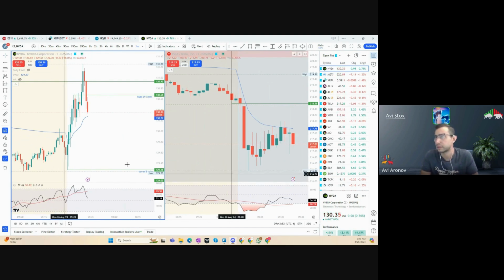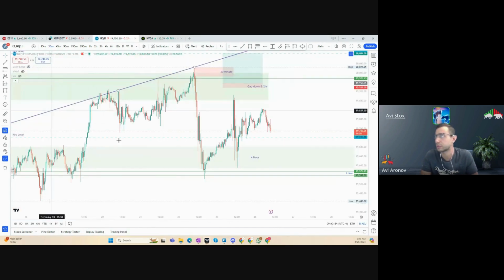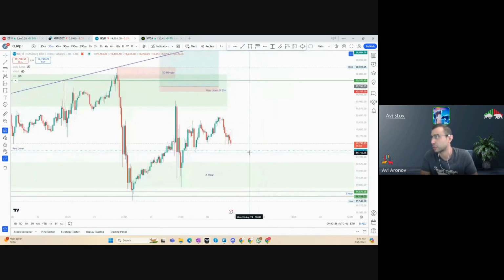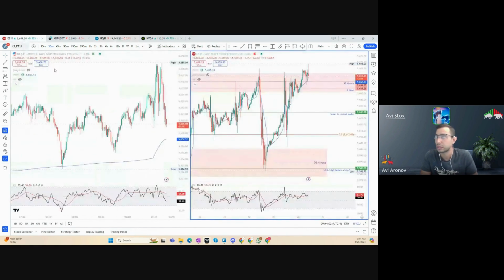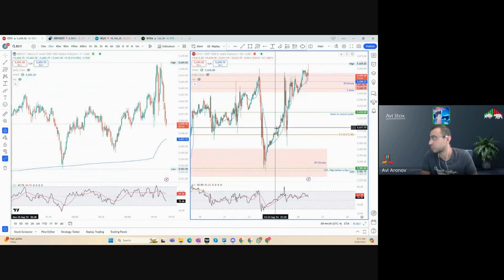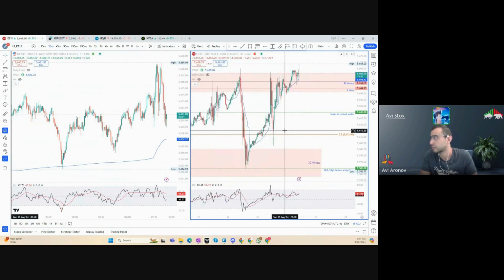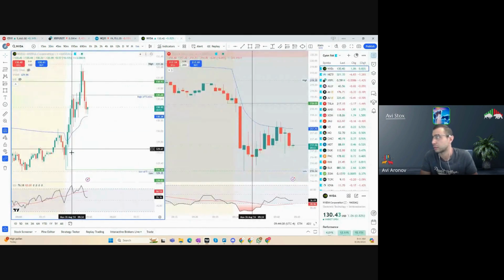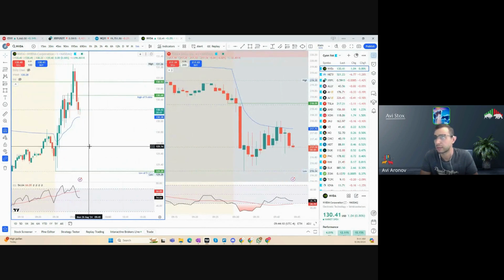Okay, very slow movement too. But this one actually had a nice drop. And I believe yeah, this one too. Potential reversal.